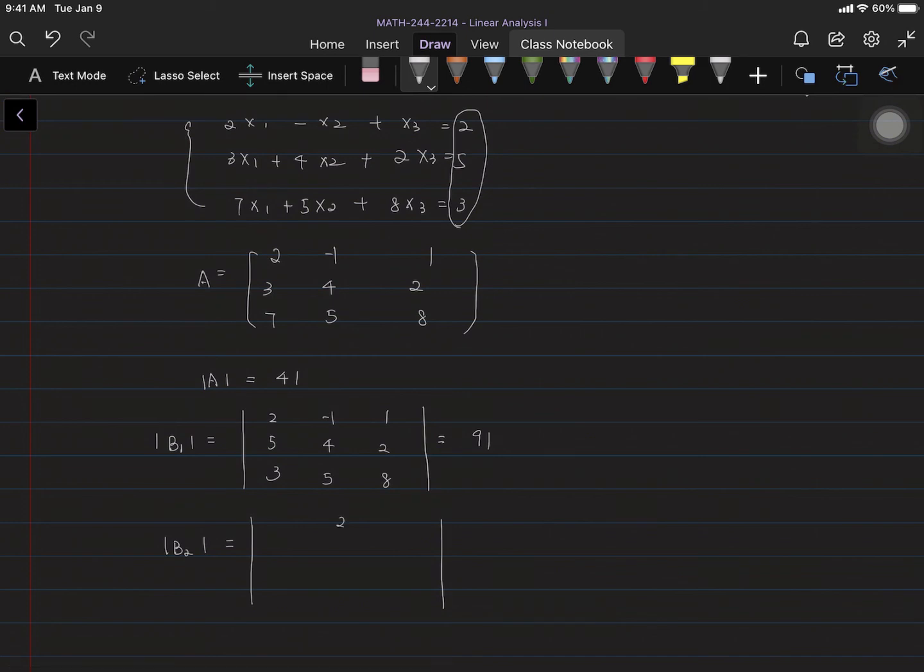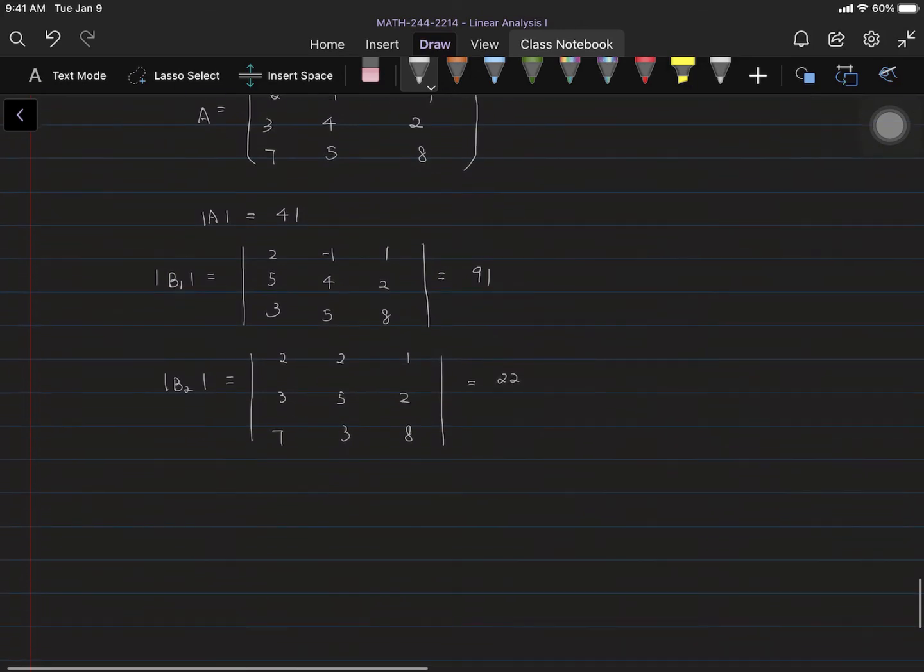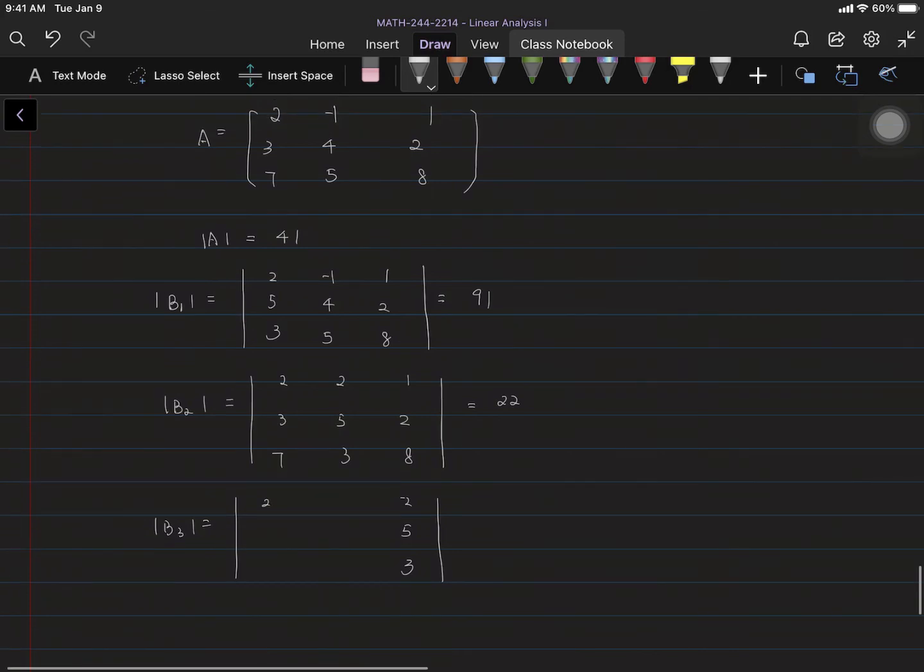So B2 will replace the second column by B. So B is 2, 5, 3. And just write down row 1, row 2 in A. And this determinant is 22. So you can try to write down B3. B3 equals to, replace the third column by B. And the first column, second column are the same thing.